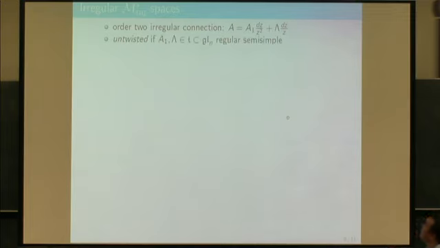In this first case, which we call the untwisted case, which is studied mostly by Philip, A1 and lambda are both diagonal, and in this case we assume they are both regular semi-simple fixed matrices, and when we look at the moduli space we fix the formal type of the irregular connection around its singular point.